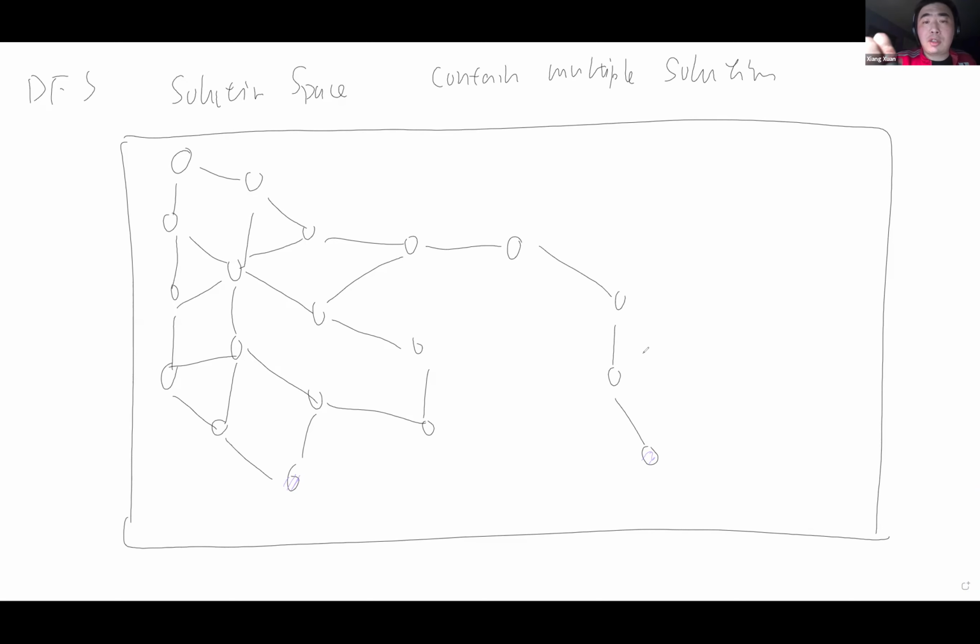Then DFS has one advantage: if you have multiple solutions and any solution is fine, DFS can find a solution without traversing the whole graph.